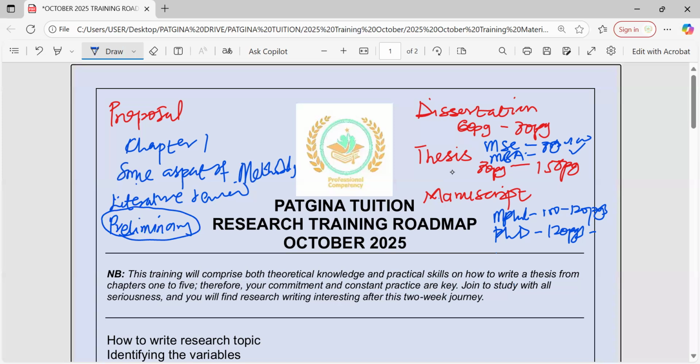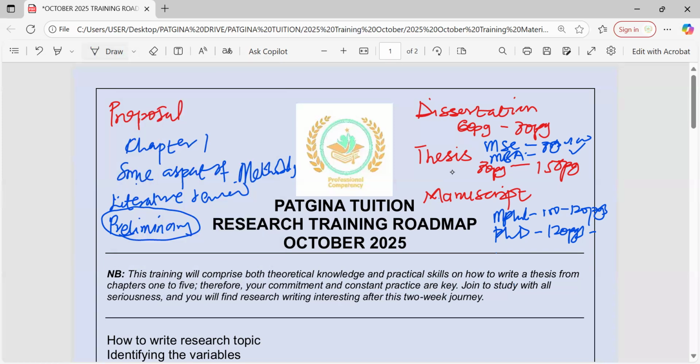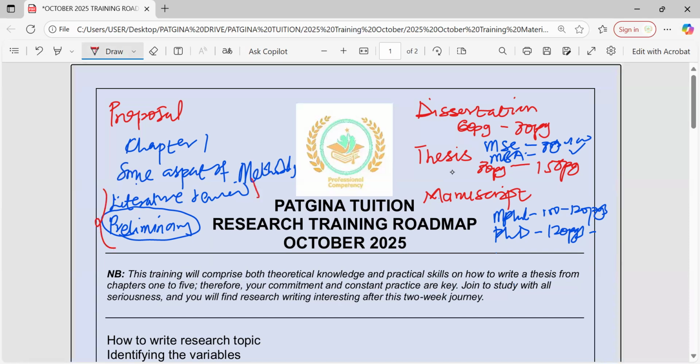I will be teaching all those things. They will ask you to bring the theoretical framework in your proposal writing. That's fine. But when we talk about proposal writing, there's no need to be bringing literature review in proposal writing generally, unless your supervisor says bring it, or the school has a structure which says bring it.